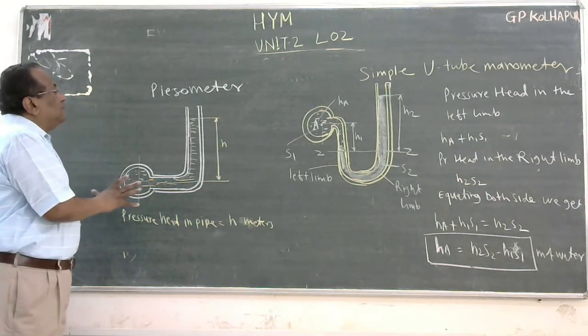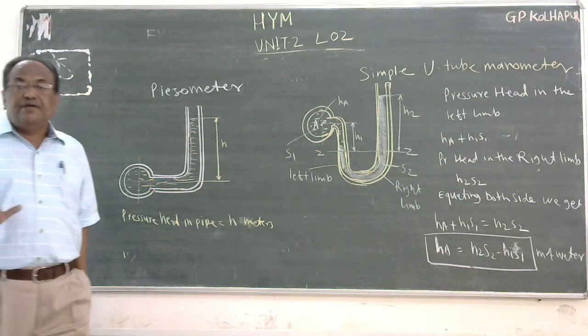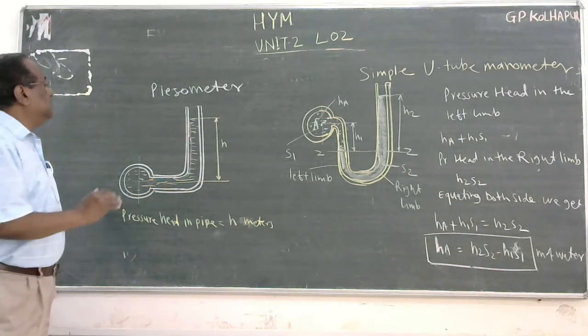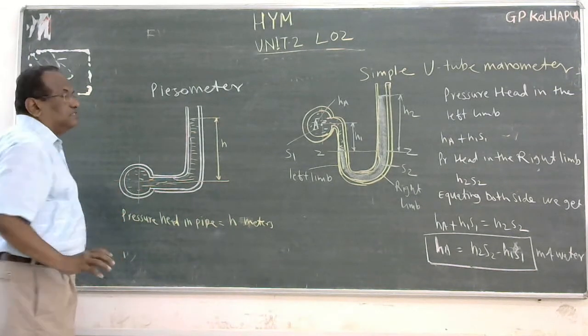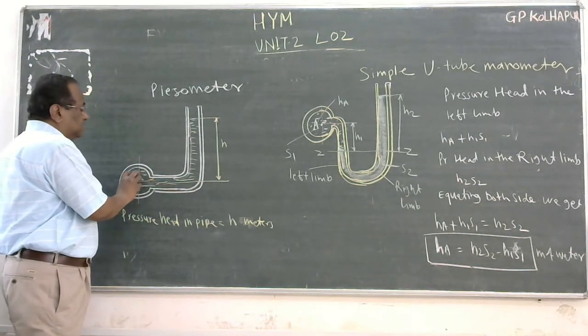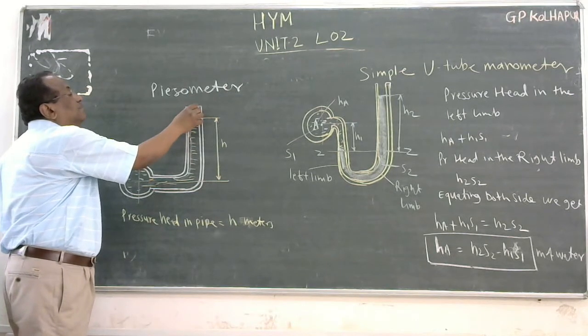The advantage of the piezometer is that it is very simple in construction and it can measure lower pressures. The limitation is that we cannot measure higher pressures, because if you connect this piezometer to measure higher pressures, the liquid will overflow through the opening of the tube.